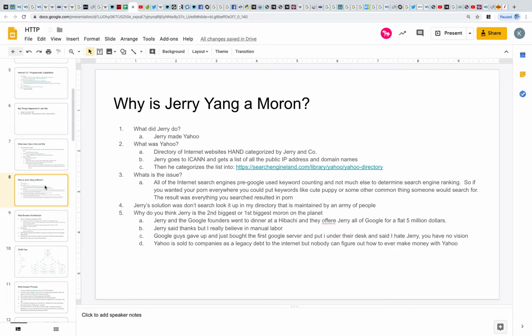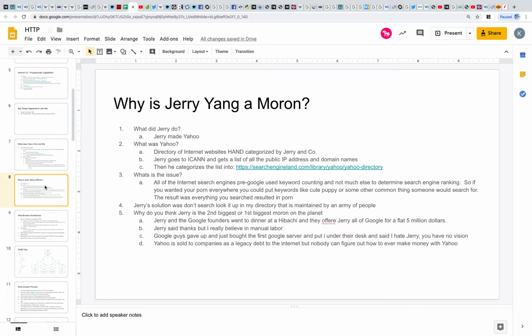And the Yahoo directory, because of the search engine porn problem, instead of going to search engines, people went to Yahoo, and that's why it was the number one site on the internet for years and years. It was like a Yellow Pages or a phone book: you could look up where your kid's school website is, or an anatomy book, or whatever.